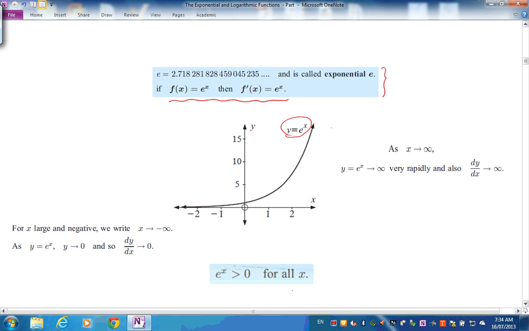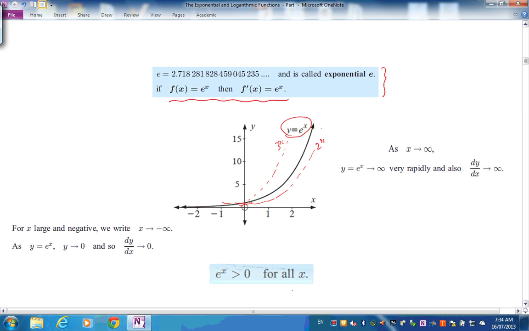I think you recognise this from the first screen. If it's e to the x and e is 2.718, etc., it's somewhere between 2 to the x and 3 to the x, closer to 3 to the x, isn't it?